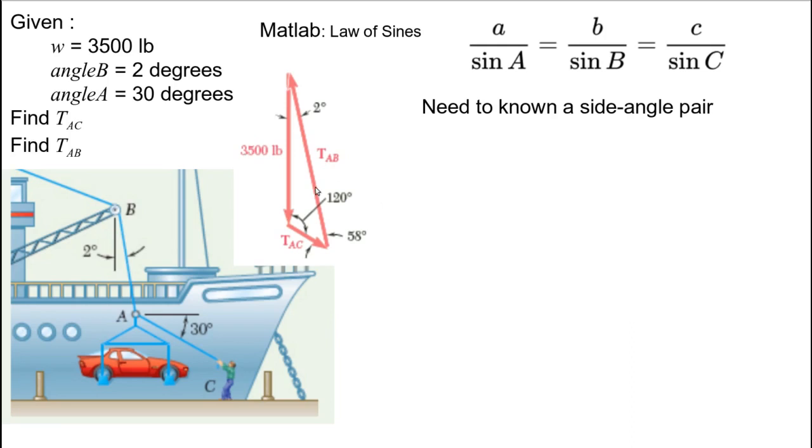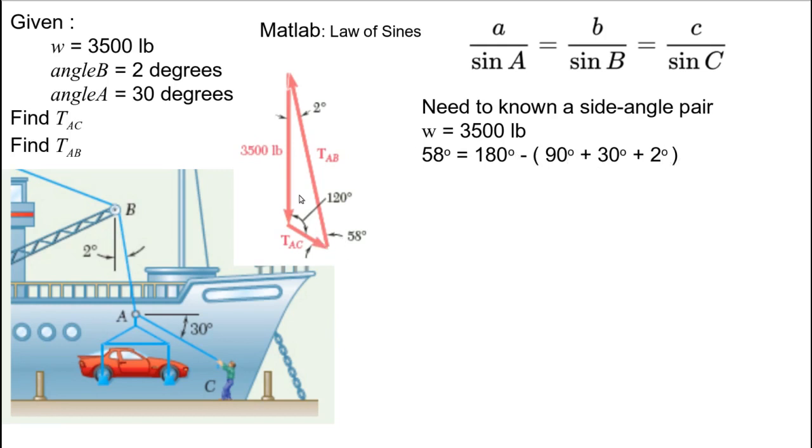And if we look at our triangle here, we can see that we know W is 3,500 pounds, so we know one side of the triangle. And we have our 58 degrees. And we got that because we know the sum of the interior angles of a triangle is 180 degrees, so we subtract the other angles and got the 58 degrees.